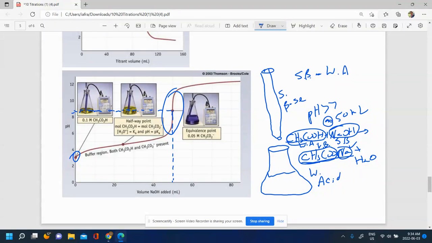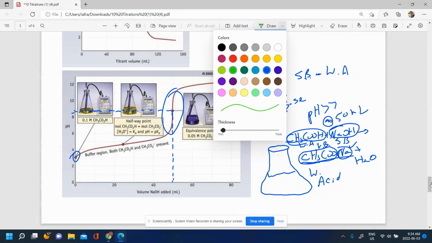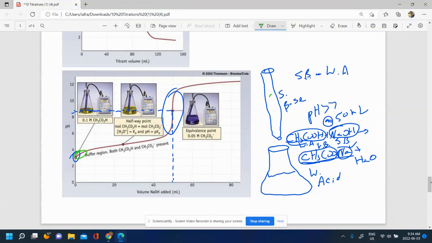So we figured it out by just looking at the equivalence point. Let's just take a look at the characteristics of this titration curve. Similar to the strong acid, weak base, we start off with a sharp increase because we're adding that strong base to a weak acid. But you'll notice that eventually it slows down.